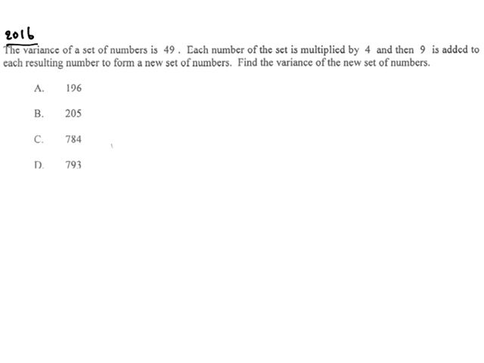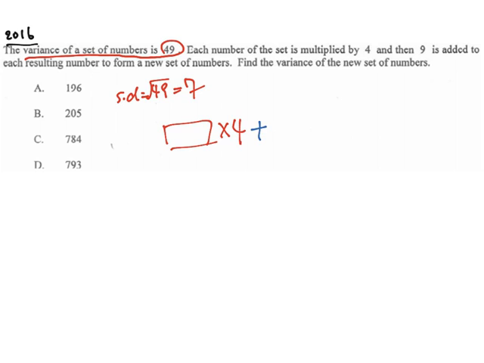Okay, try to do 2016. Let's try it. This time we know the variance is 49. So that means SD, root 49, is equal to 7. And then the old data set will be multiplied by 4 and then plus 9.